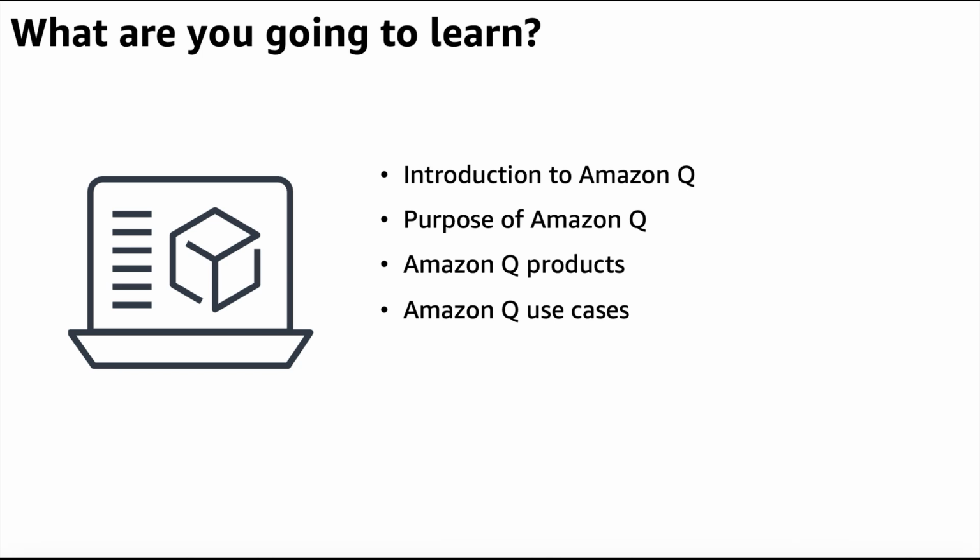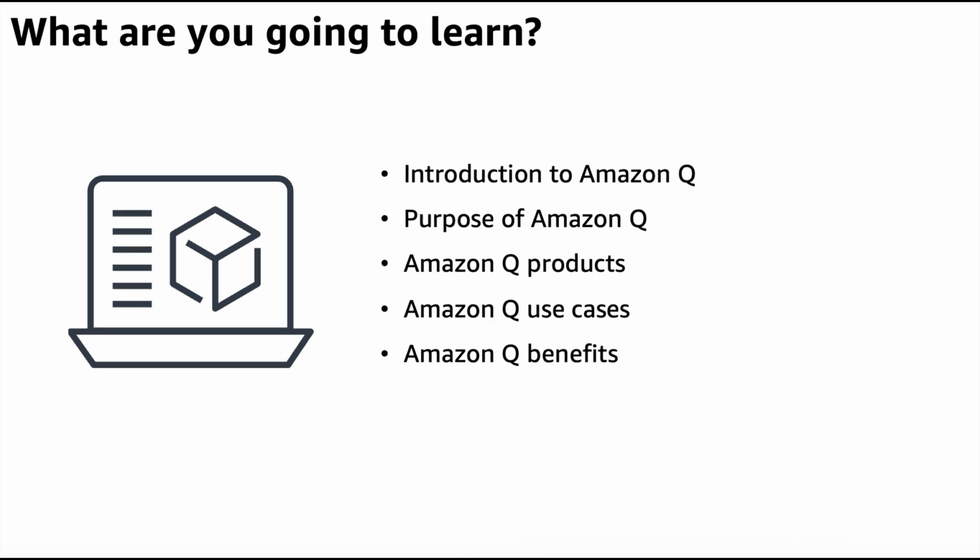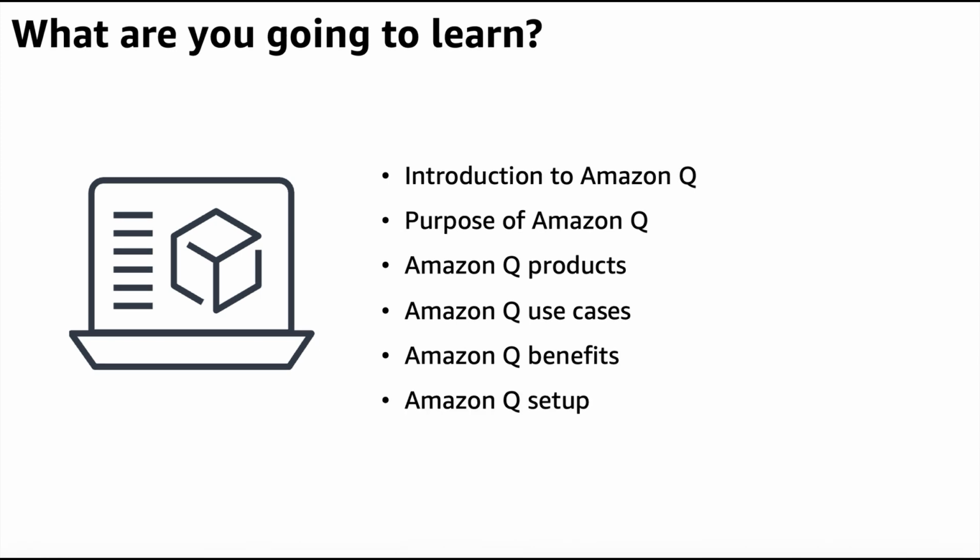We will learn about the multiple use cases of Amazon Q. We will also learn about the various benefits of integrating Amazon Q to an organization, information, code, processes, tools, and systems. Then we will learn how to set up Amazon Q and start using.